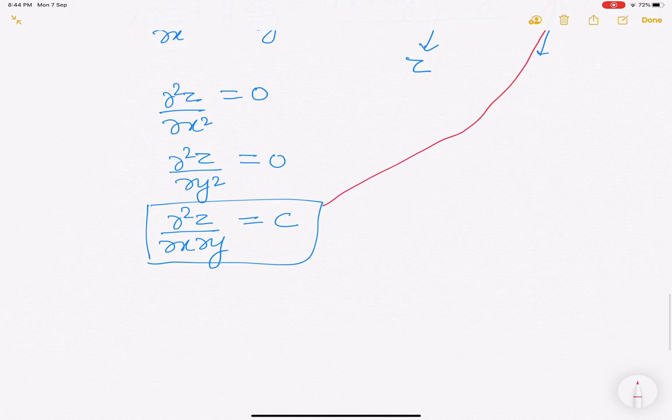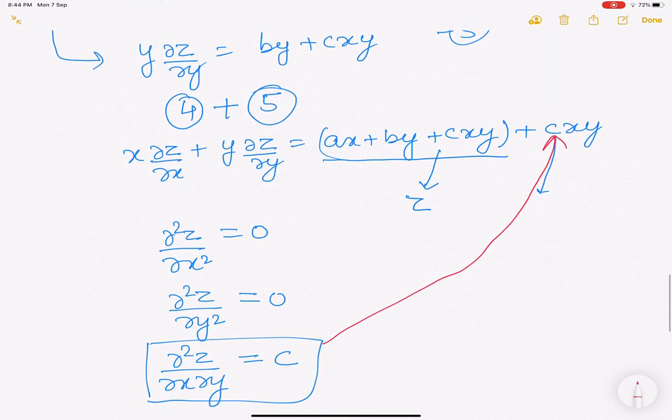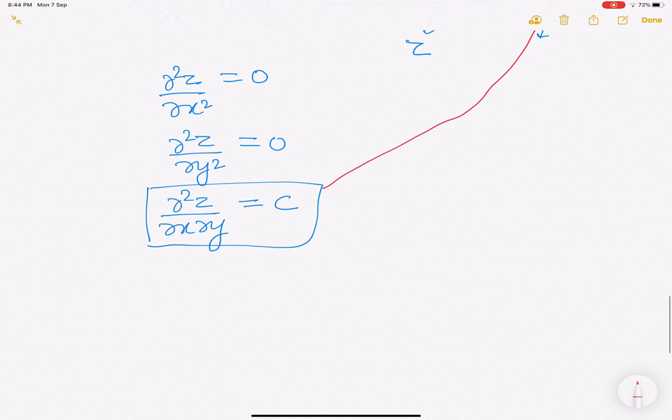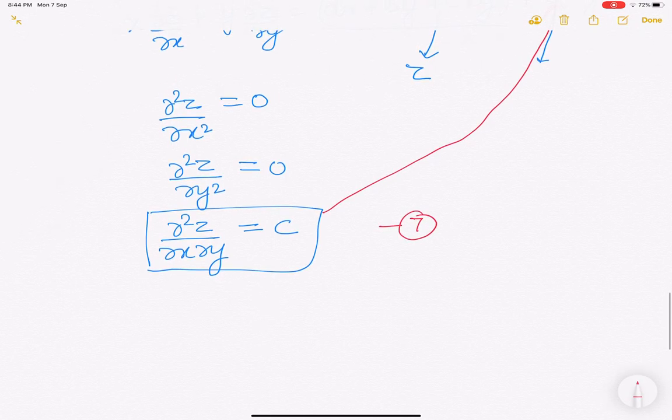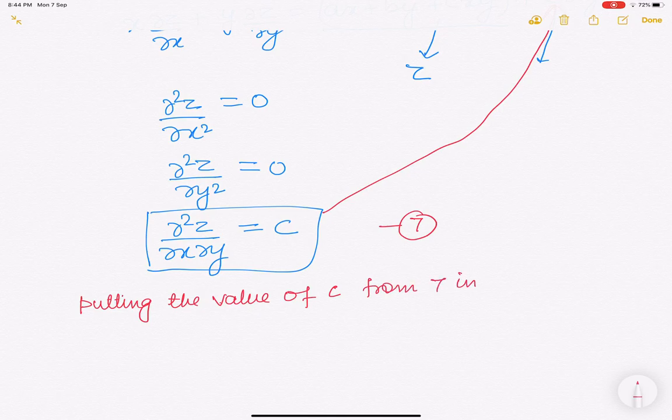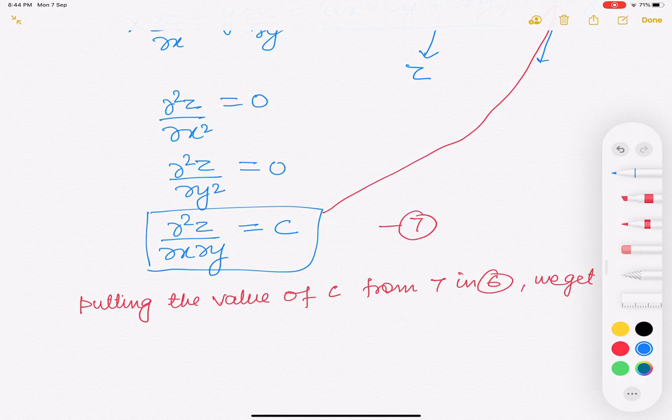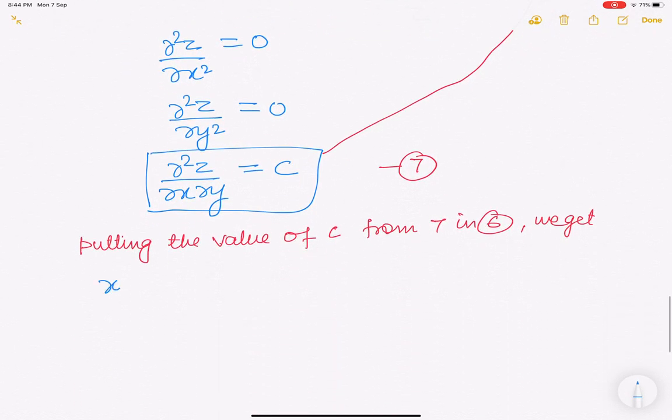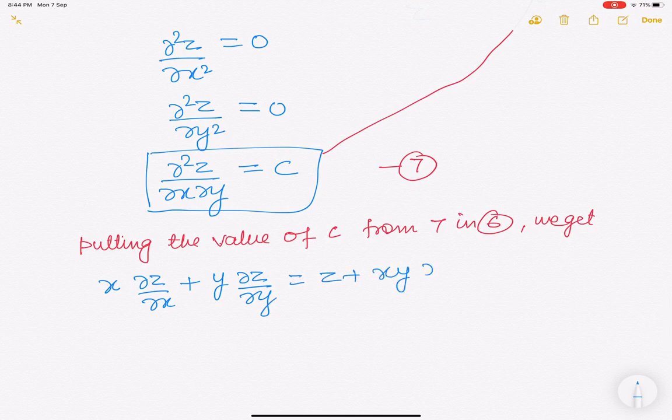So if we name these equations 4 and 5, this equation as equation number 6, and this equation as equation number 7, we write, putting the value of c from 7 in 6, we get, students, x del z over del x plus y del z over del y is equal to z plus xy del 2z over del x del y.